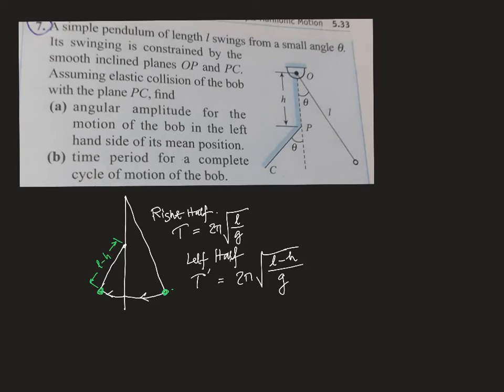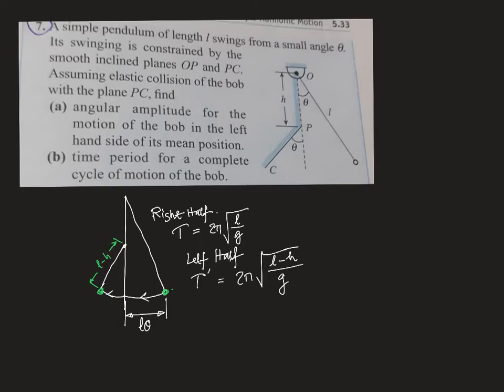Now we can say here what is the maximum speed. So this much is the amplitude. So this is L theta. Okay.